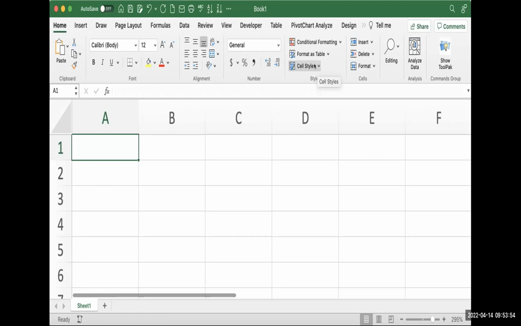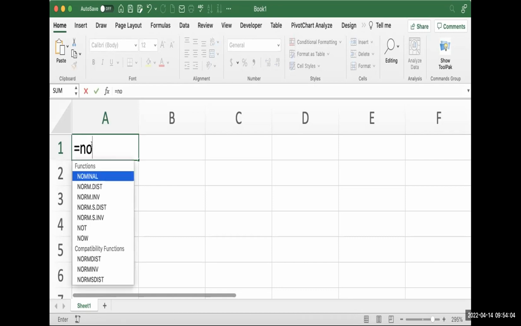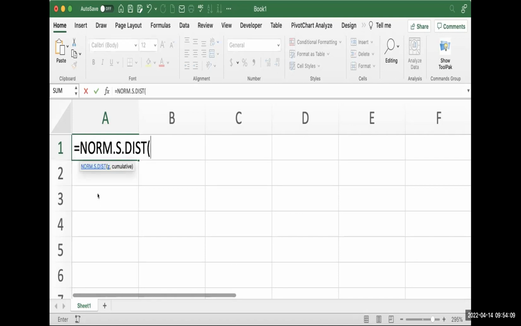I'll type in normal distribution, but in this case it'll be the standard normal distribution, so NORM.S.DIST. I'll have here negative 1.46, and I want this to be cumulative.